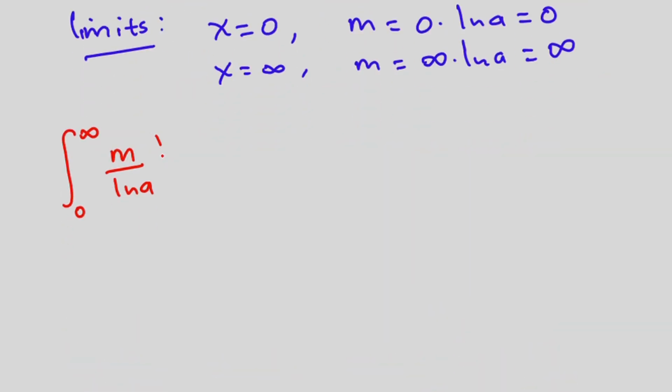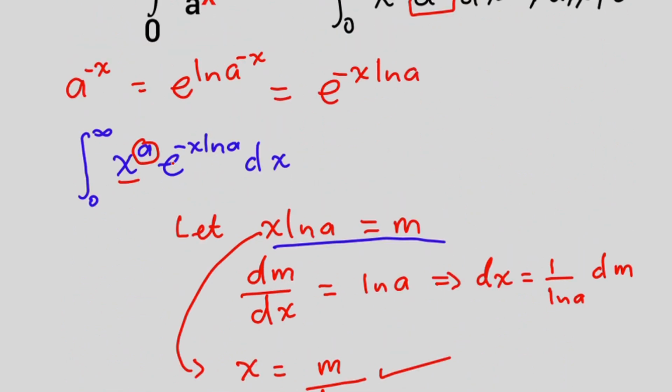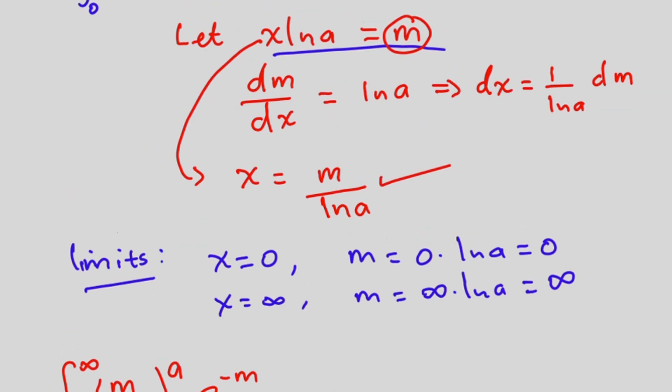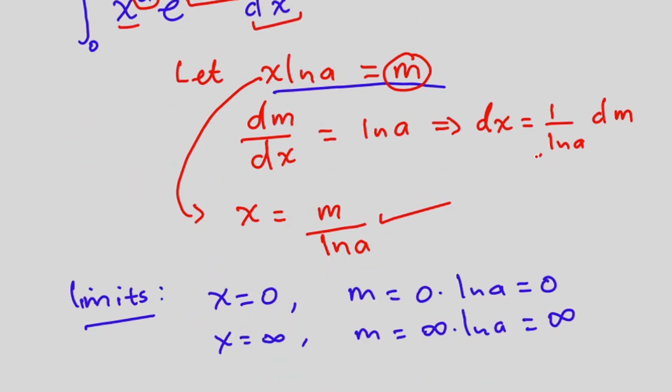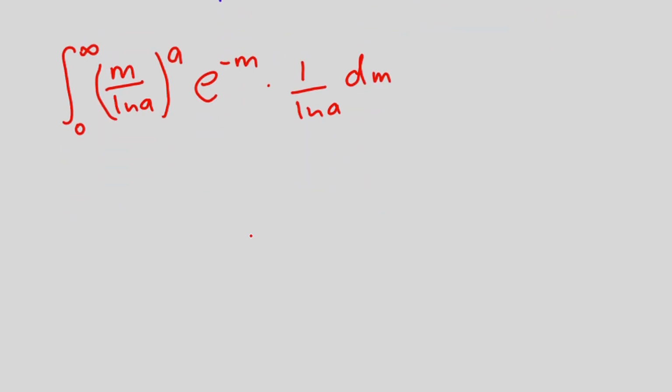So this one will be all to the power a, times e to the power, the whole of this one has been replaced by m, so e to the power minus m, times, now this time the dx is equal to 1 over ln of a dm. Nice. So now this is what we have.